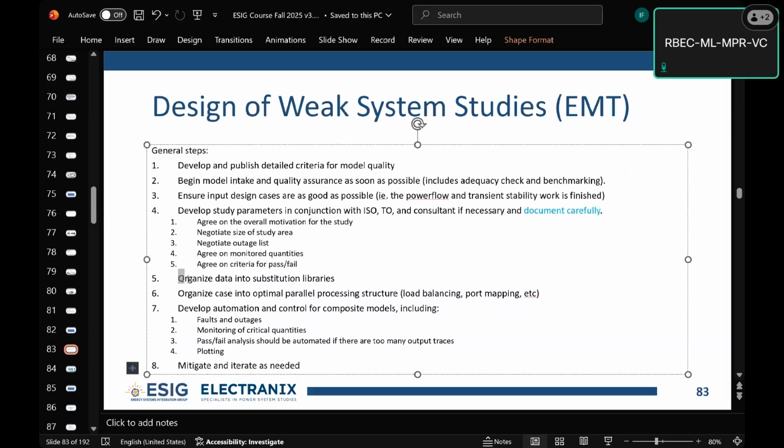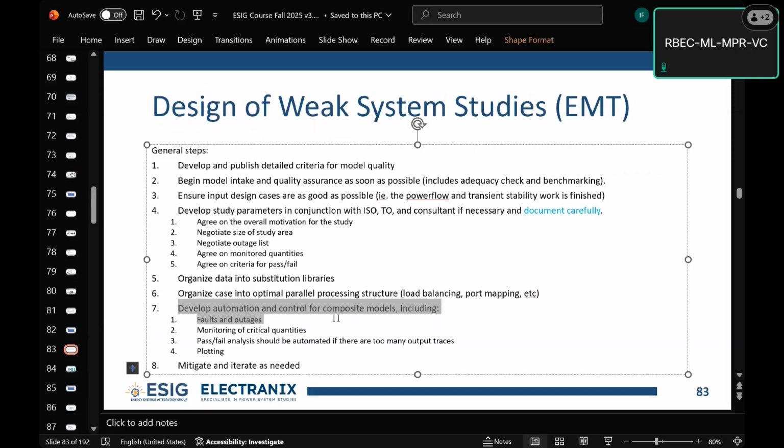Here's a little bit of what we do: we organize our data into libraries, and I'll show you another slide on this, which is basically data organization that lets us maintain and continue to develop models quickly. We organize the case for parallel processing, load balancing, port mapping, and all of this. And this is now moving towards system studies and not just individual model checking, like you are all planning on doing from now on.